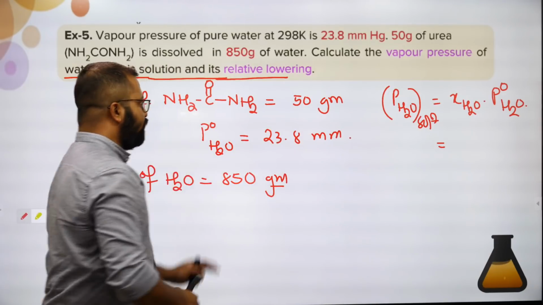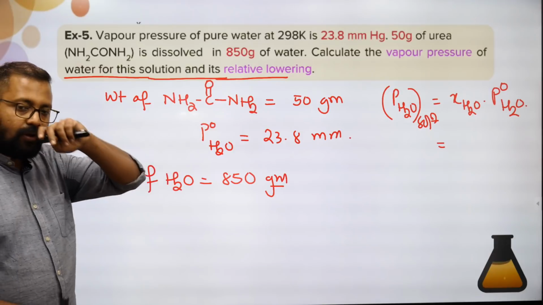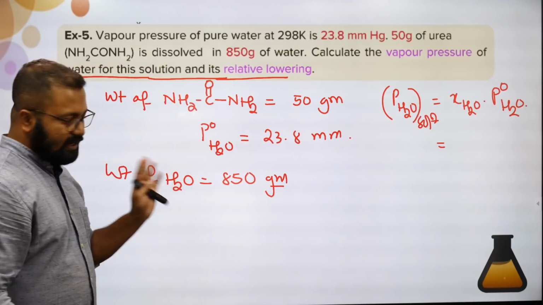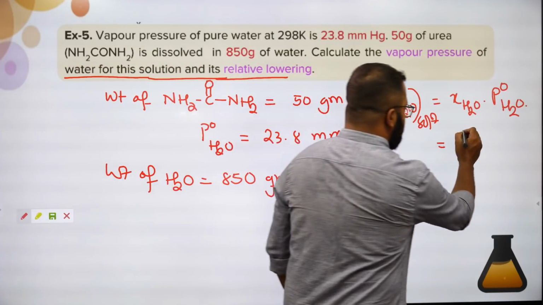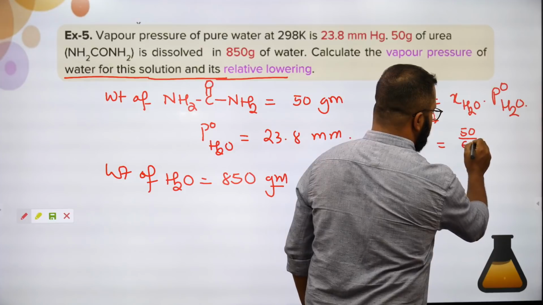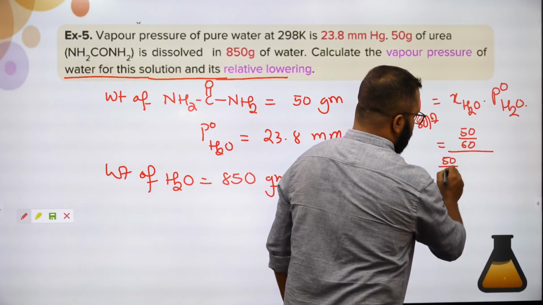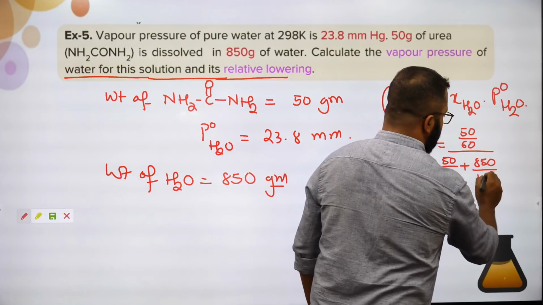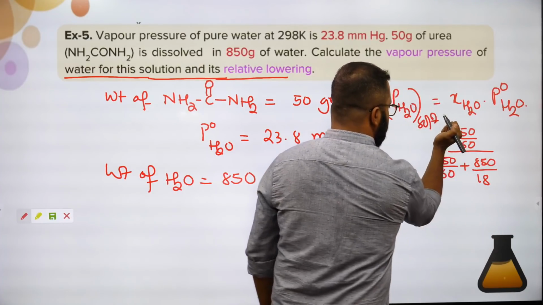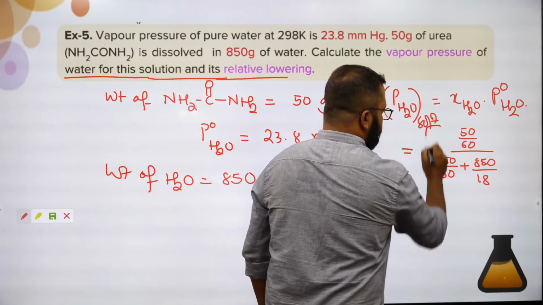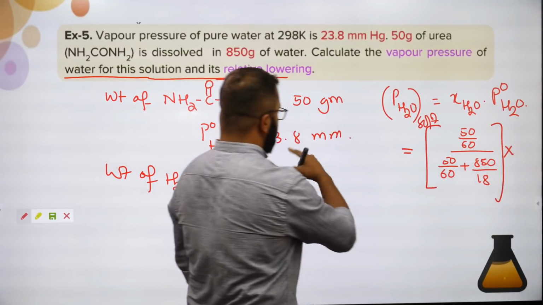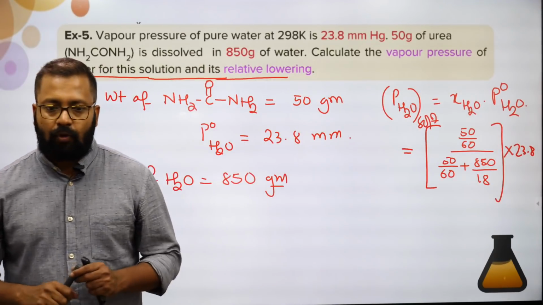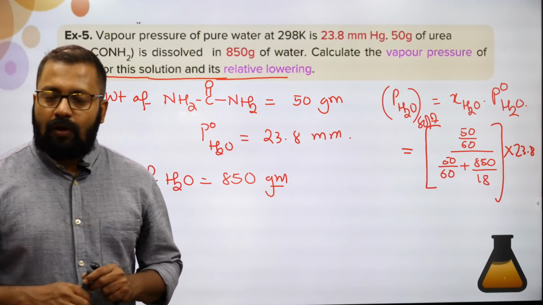The molecular weight for urea is 60, and the molecular weight for water is 18. So you will calculate this as 50 upon 60 by 50 upon 60, 850 upon 18, times 23.8.